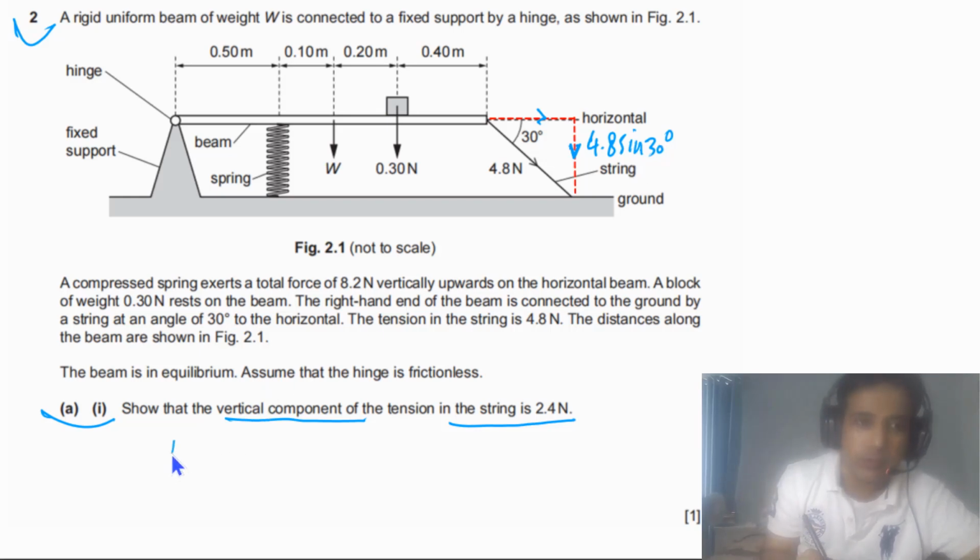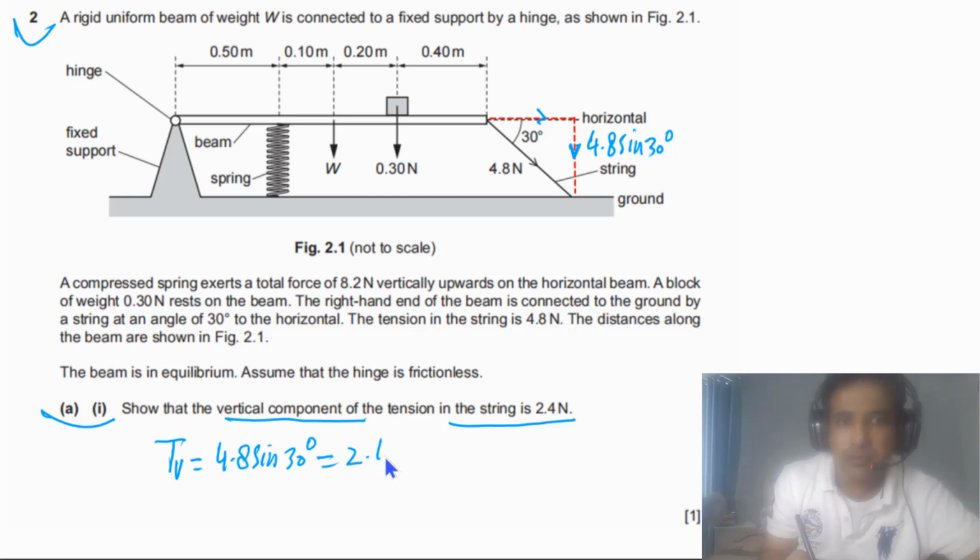So T vertical is equal to 4.8 sine of 30 degrees, which equals 2.4 newtons to 2 SF. This question has only 1 mark, and this should be the answer mark.